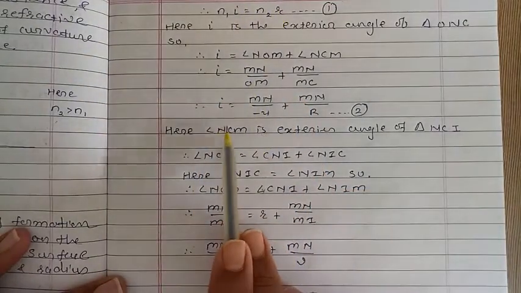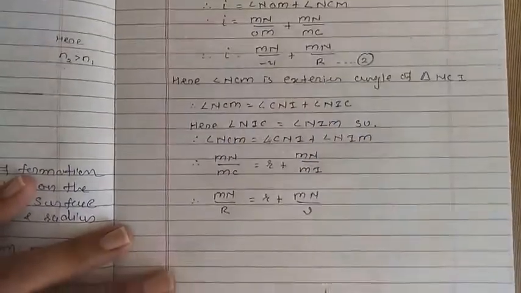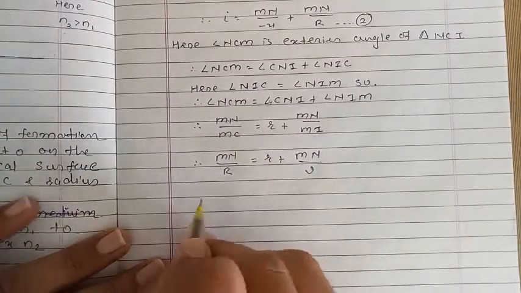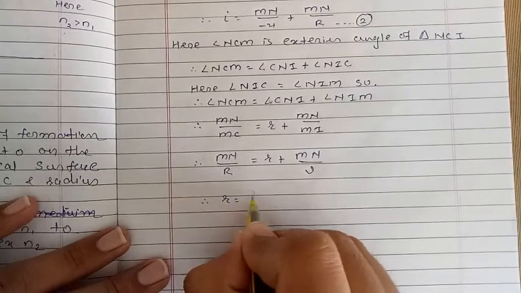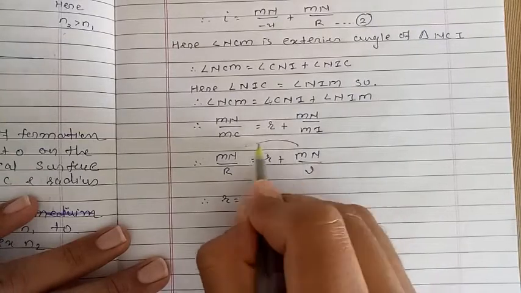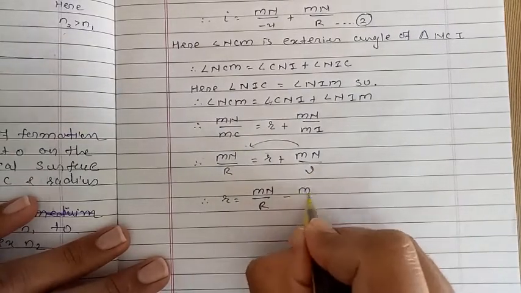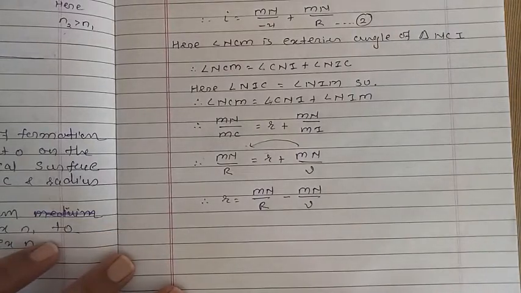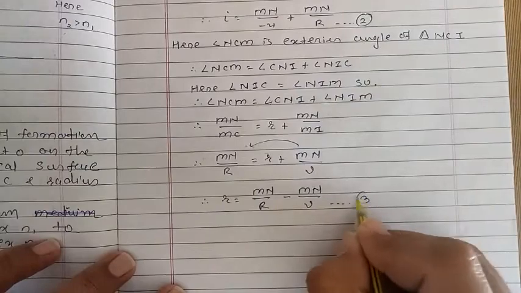We have already found the value of I. Now we have to find the value of R. So we formulate R: R is equal to MN upon R, and this goes to the left hand side, so minus MN upon V. This is our equation number 3.